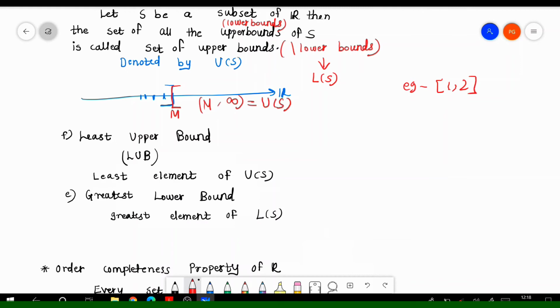So if you have 1, 2, then after 2 there does not exist any element of S.